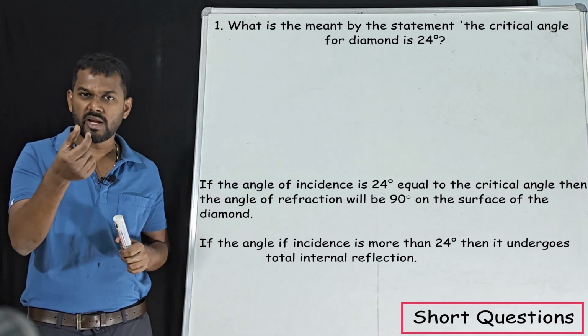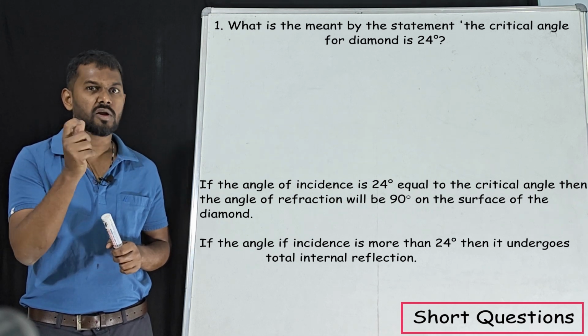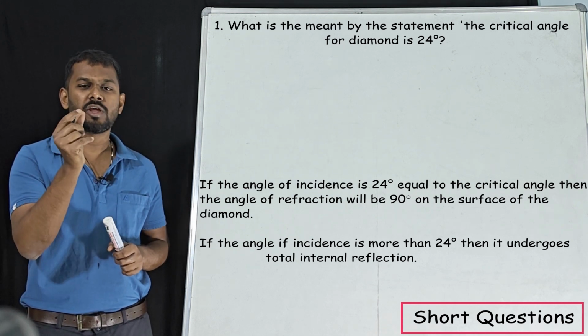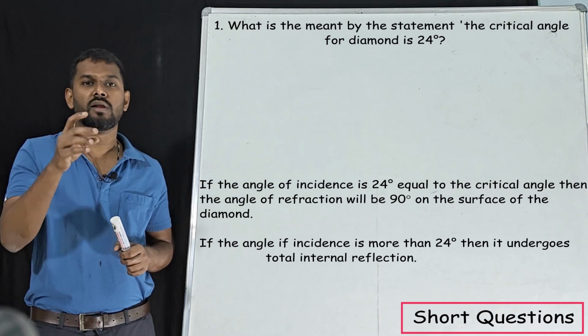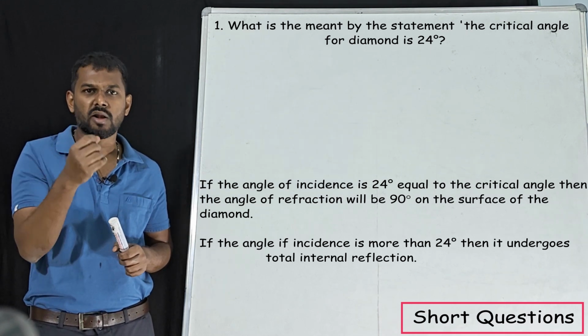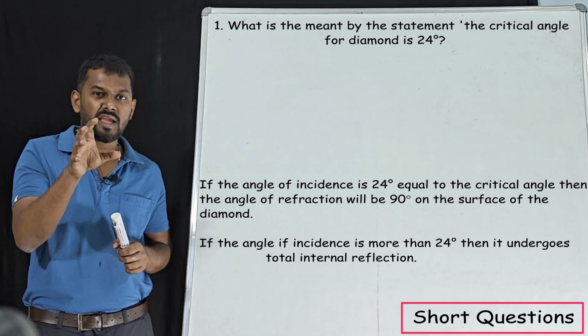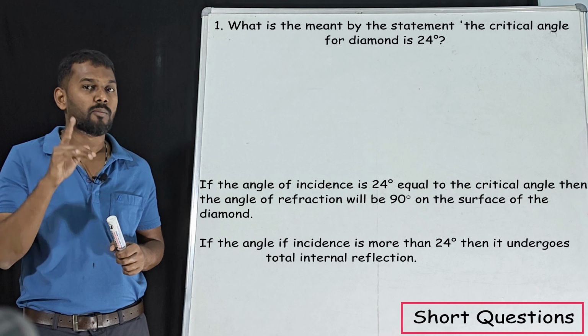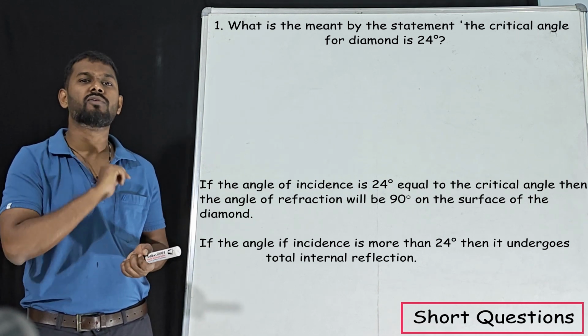That is why a diamond will not sparkle at all angles. Whenever you keep rotating it, at a particular angle it will sparkle. The shininess appears when that angle is more than the critical angle. If it is more than the critical angle, what happens? Total internal reflection.